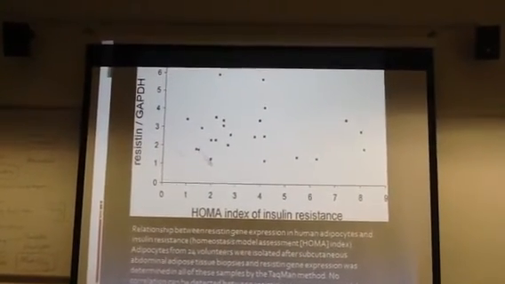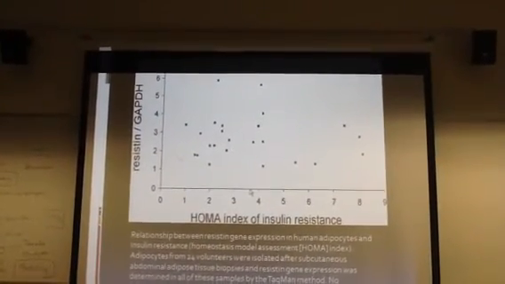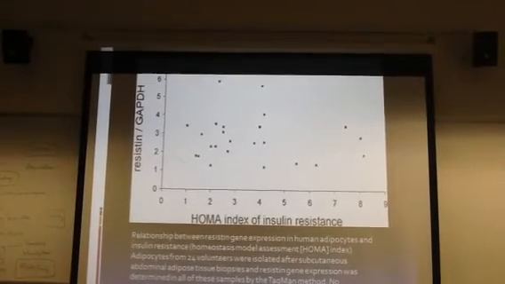This just shows the relationship between resistin gene expression and human adipocytes in insulin resistance.